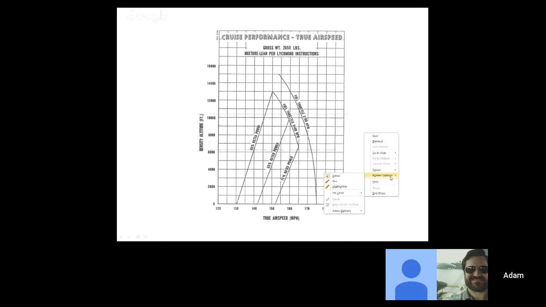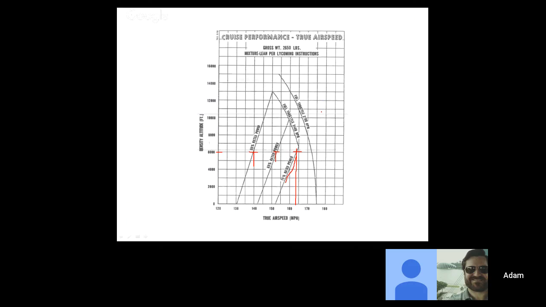If I know that I'm going to be flying at, say, a 6,000 foot density altitude at 75% rated power, which is a percentage of RPM, then I can come down here and it'll tell me I can expect about 164 miles per hour true airspeed. And as you move down the power curve, you get slower and slower.